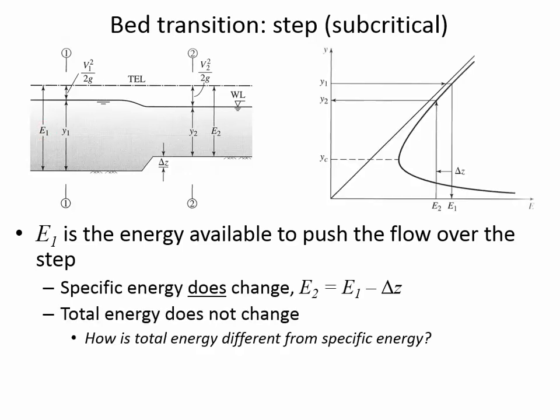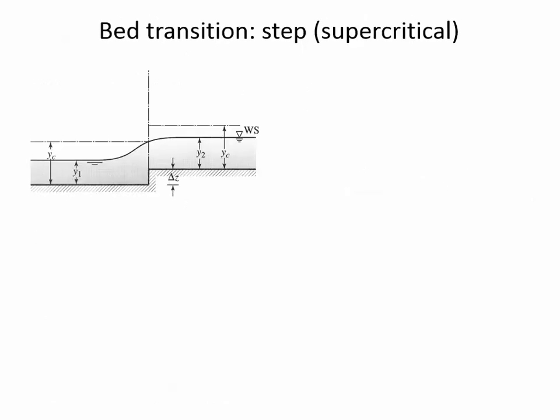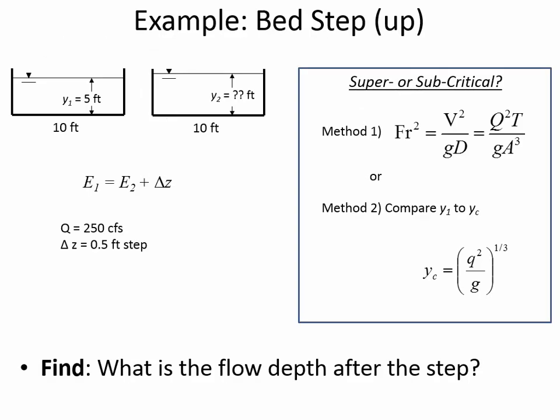Before we do, similarly, we did an example having to do with a step down. I'd like you to do an example having to do with a step up. So you can pair up with a partner, somebody sitting near you. And here's what we know. At location 1, the channel is 10 feet wide. The flow depth is 5 feet. At location 2, we don't know what the depth is.